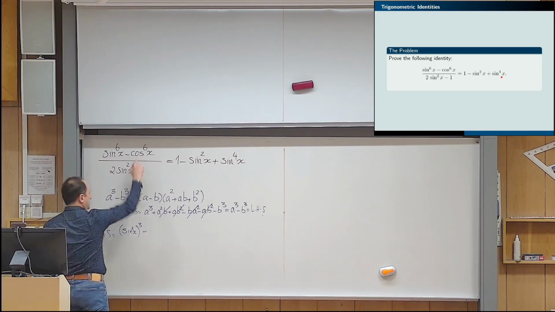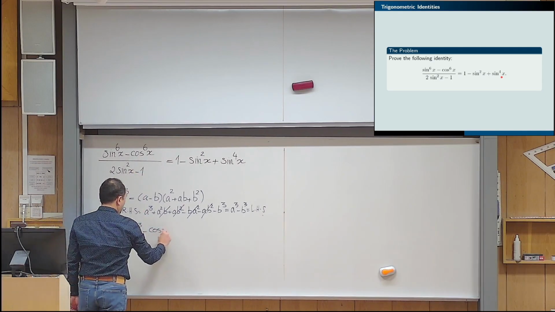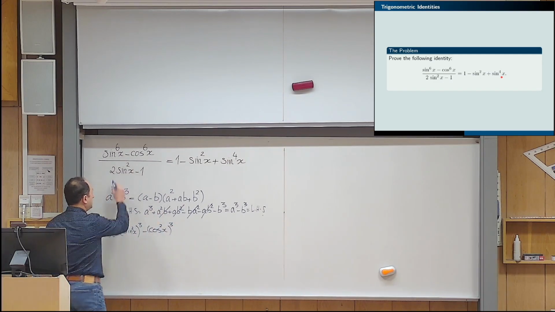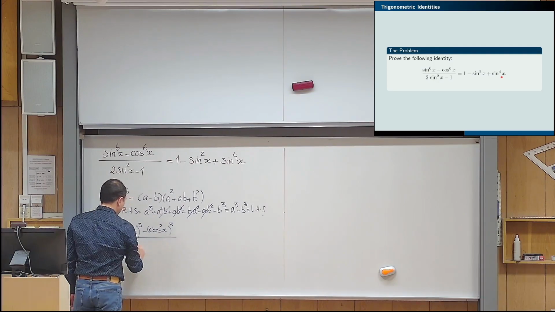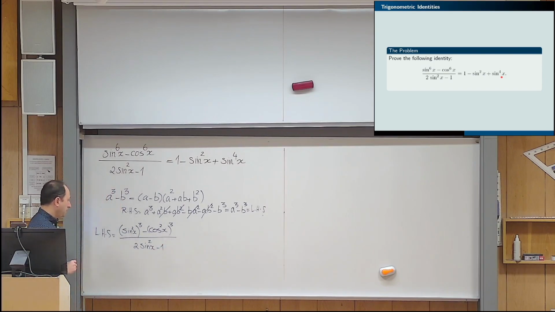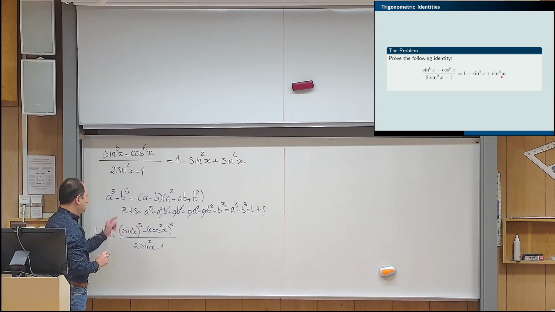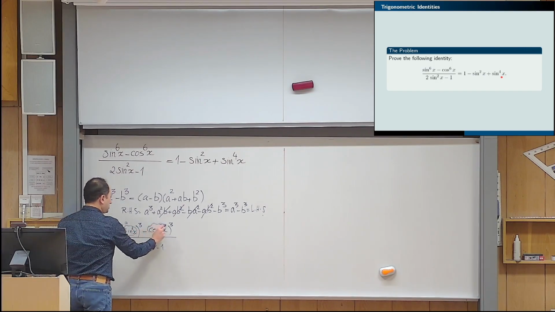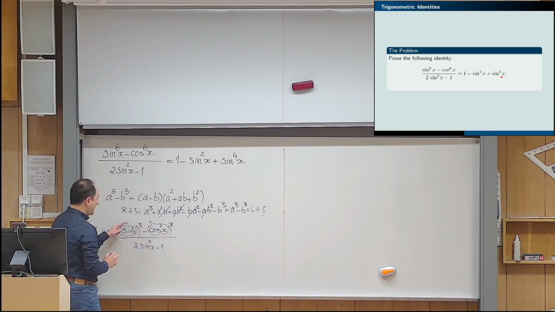And I do the same thing for cosine, and then divide by this expression, 2 sine x squared minus 1. But now I give the role of a to this one, and b to that one. So then I have a cubed minus b cubed.